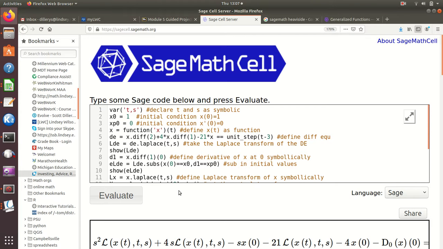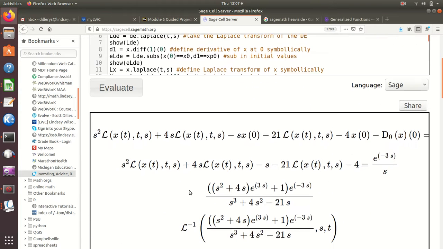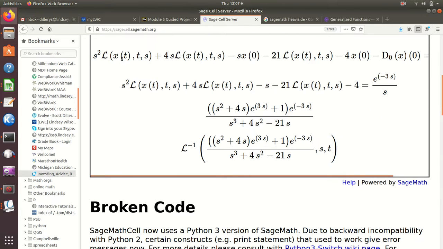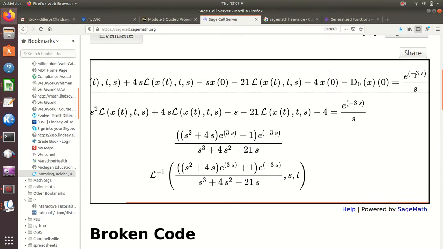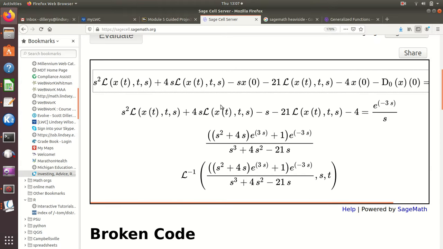Now I already did that, and here's what happened. This top stuff looks great. Hey, it took the Laplace transform. If we move over here, we see that Laplace transform is e to the minus 3s over s for the unit step function at 3. And then I had done that same thing of substituting in the initial values.